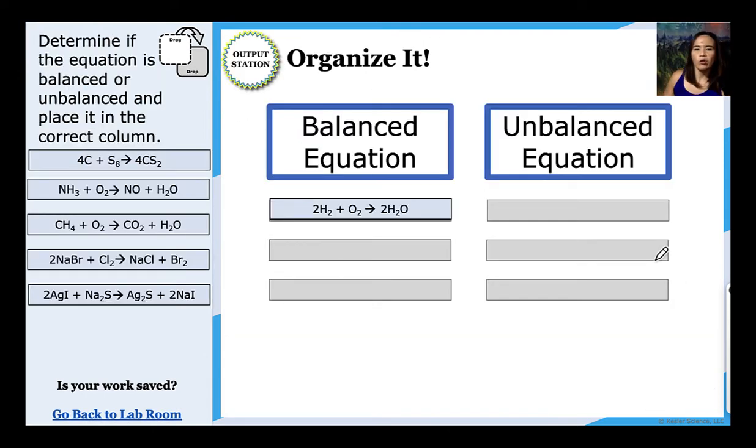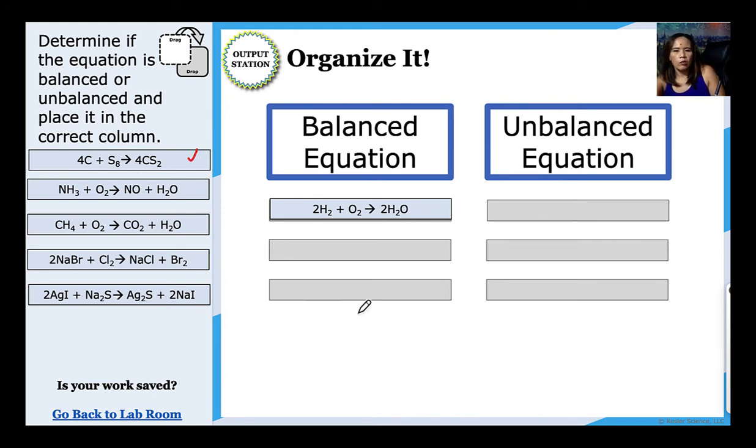So, meron ako ditong list of equations na pwedeng balanced o hindi balanced. So, ipapakita ko sa inyo paano natin malalaman kung balanced or unbalanced. So, pipili tayo ng nandito sa kaliwang side natin. So, let's try to do this one right here.